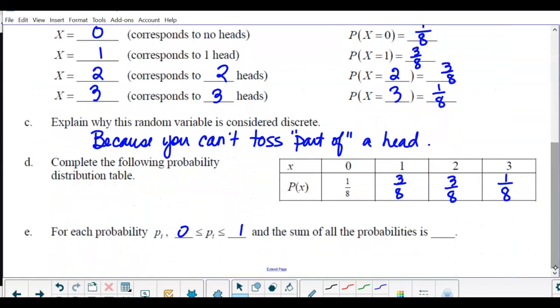Okay, so the sum of all the probabilities, if you find all the probabilities in the entire set of possible outcomes, the total should be 1. Okay, we can add those together. 1 plus 3 plus 3 plus 1 is 8. Out of 8 is 1. Okay.